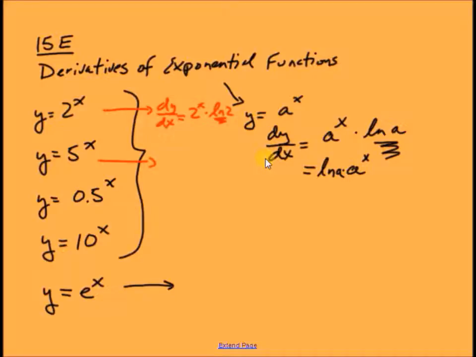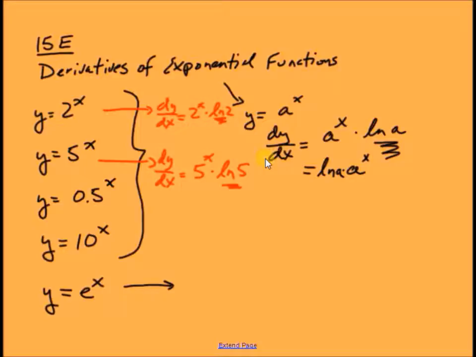Okay, likewise, the derivative of 5 to the power of x will be 5 to the power of x multiplied by ln 5. Ln 5 is just a constant number. Okay, so that's why when we graphed that function and then graphed its derivative, it was still an exponential function. It had a stretch factor of ln 5.